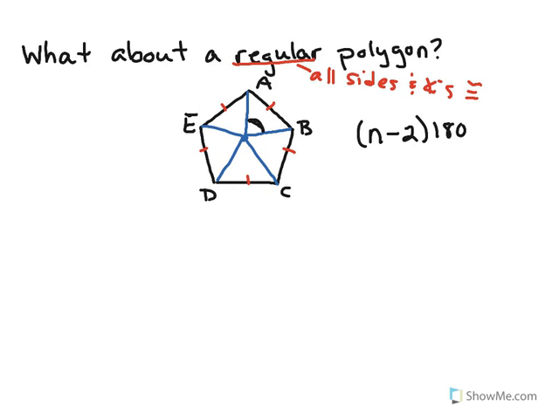Since this is 5, I'm going to have 5 minus 2 to give me 3, and then times 180 is going to give me 540. Now that's being split up equally into 5 different angles, so we need to divide this by 5, and that's going to give me 108 degrees.